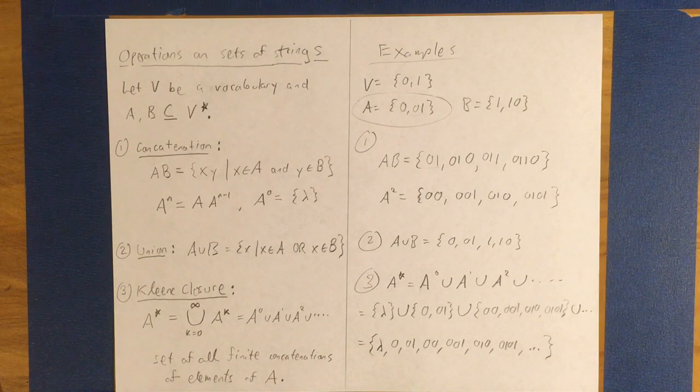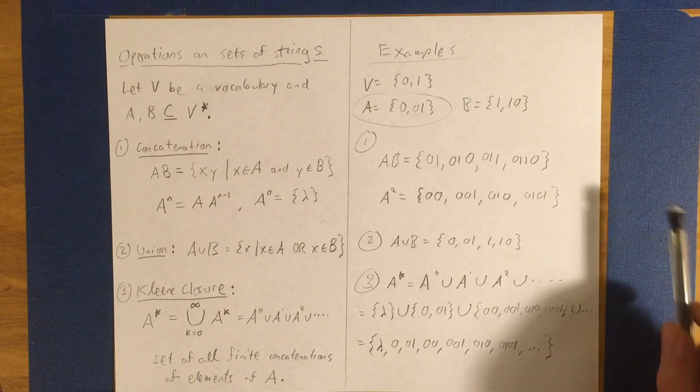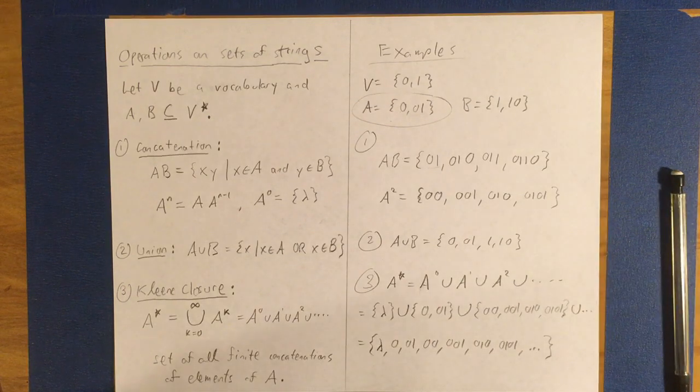It's a bit of a complicated idea, but just make sure that you're thinking of it as taking the strings in A and looking at all possible ways of concatenating strings from A with each other, as long as you're taking a finite number of them.